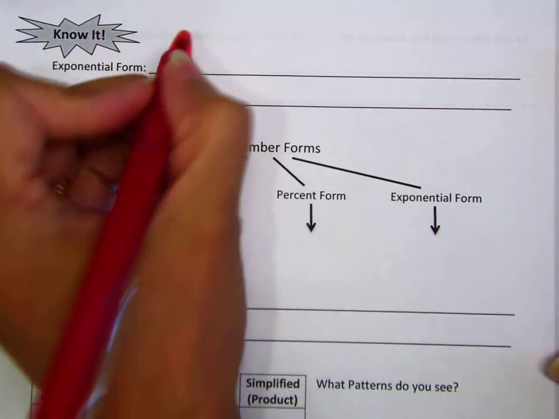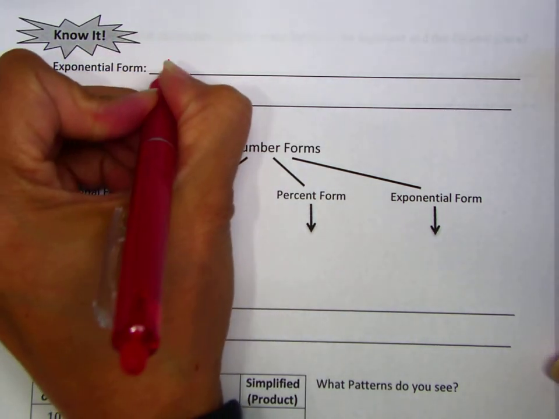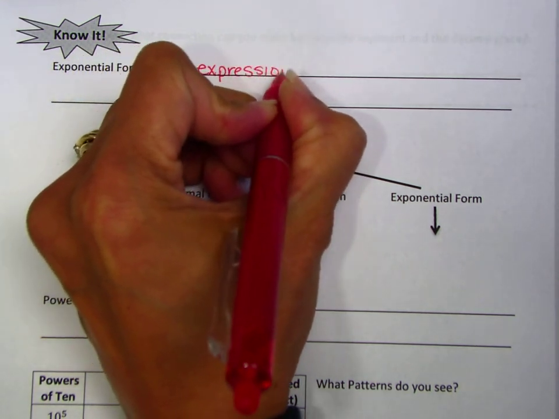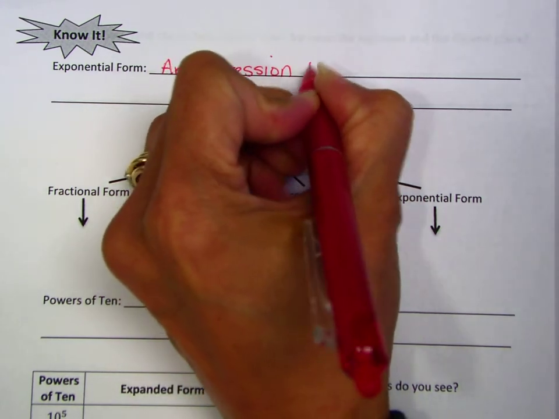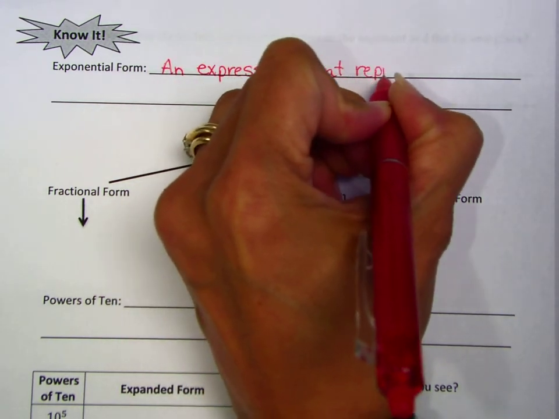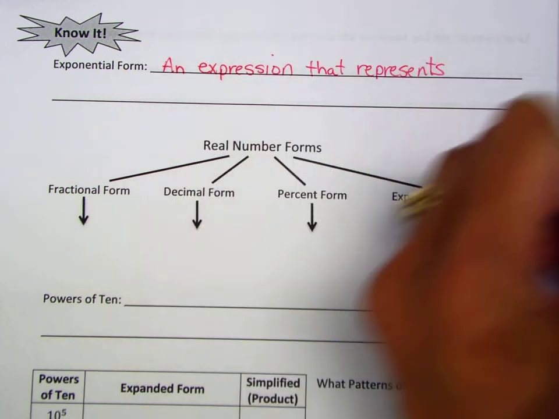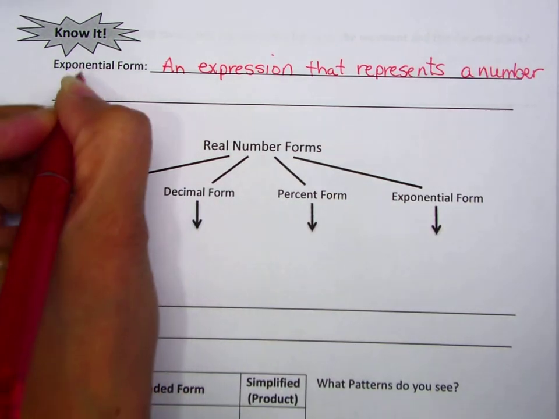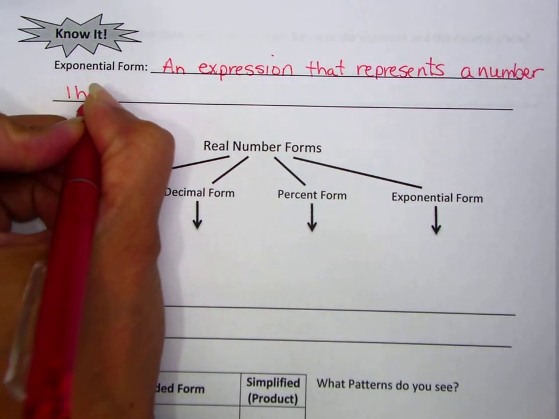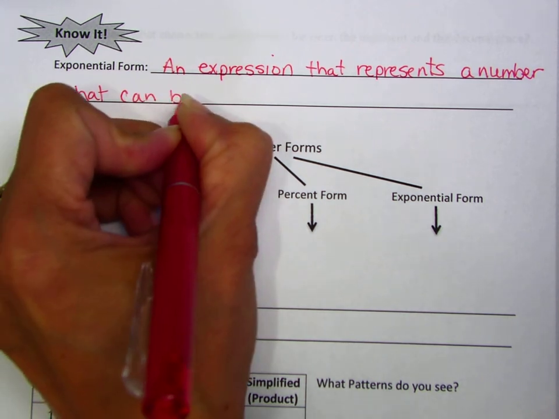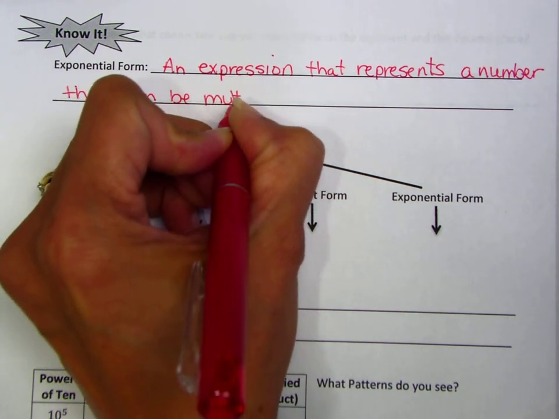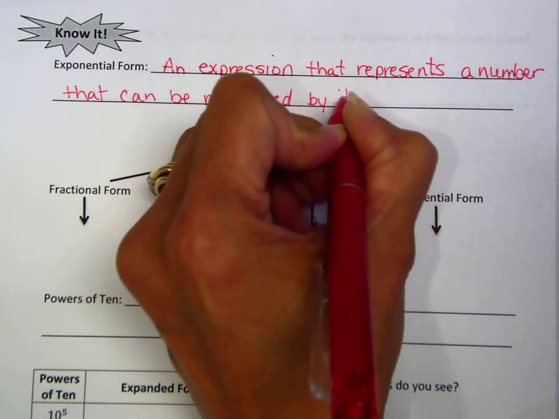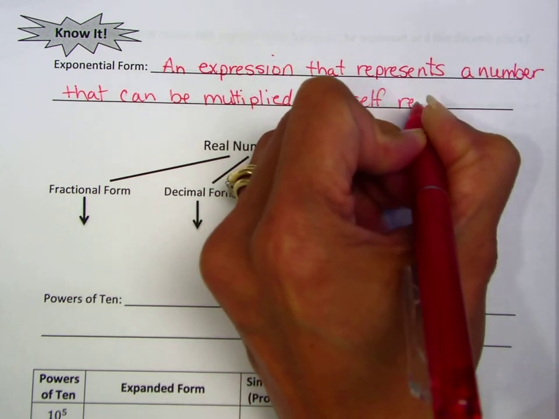Exponential form is an expression that represents a number that can be multiplied by itself repeatedly.